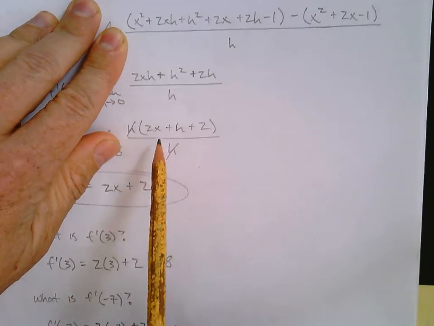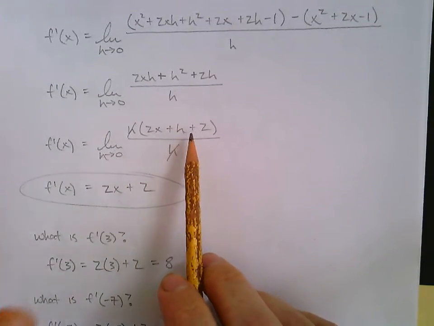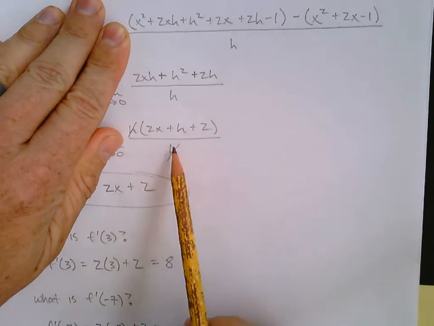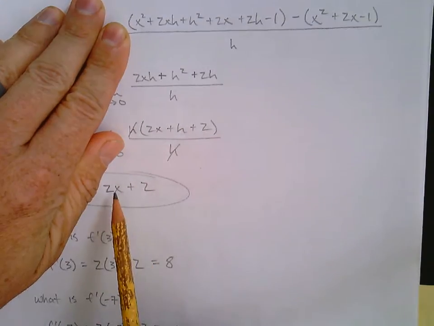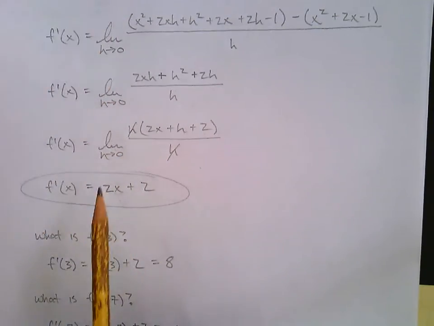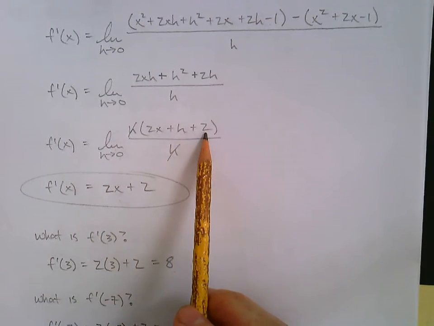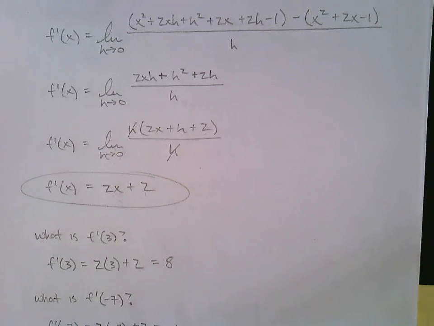And the missing notation is that this step is equal to this. But these are not equal. 2x plus h plus 2 does not equal 2x plus 2, right? However, the limit as h approaches 0 of 2x plus h plus 2 does equal 2x plus 2.